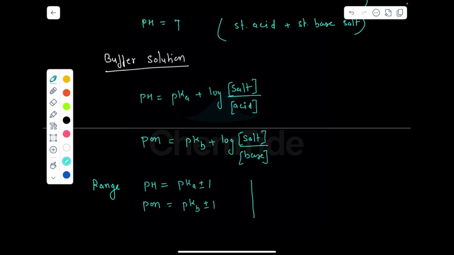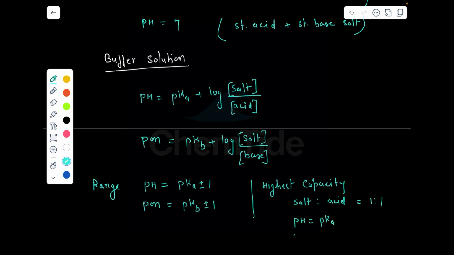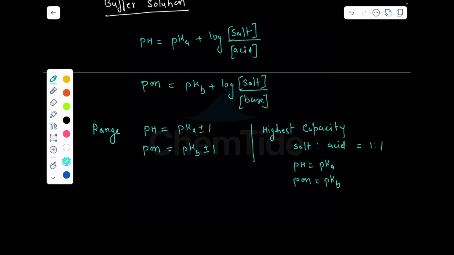Whenever they are at highest capacity, that is the salt to acid ratio or the salt to base ratio becomes 1:1. In that case, pH is equal to pKa, or else pOH is equal to pKb. This is the highest capacity at which the buffer works.